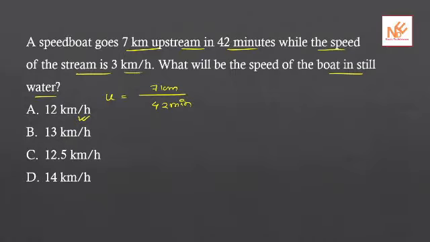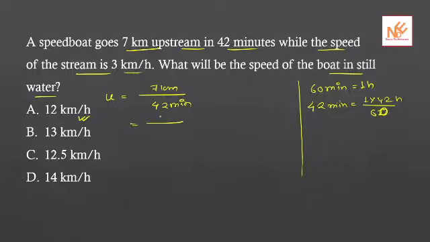That's why we change this minute to hour. How to change? 60 minutes means 1 hour. Then 42 minutes is 42 divided by 60 hour. So 7 kilometer divided by 42 upon 60 hour.